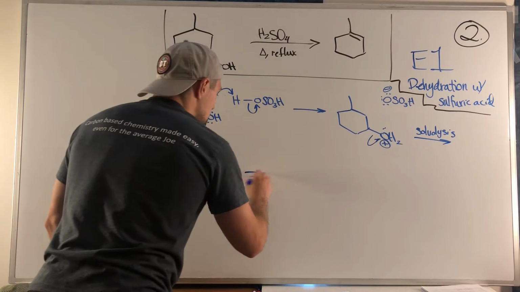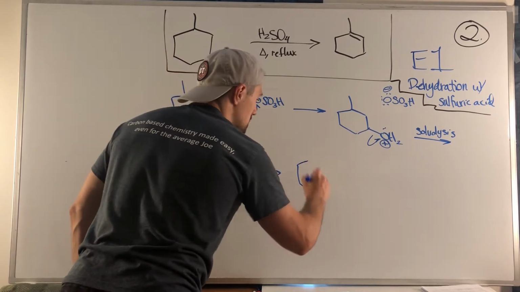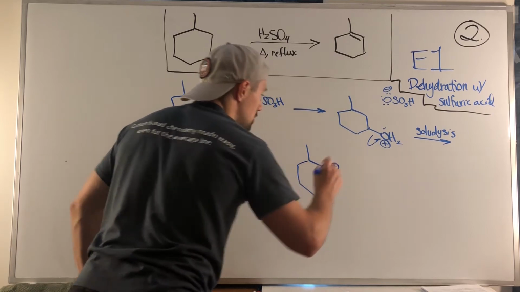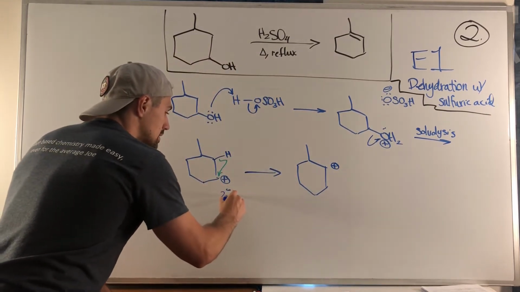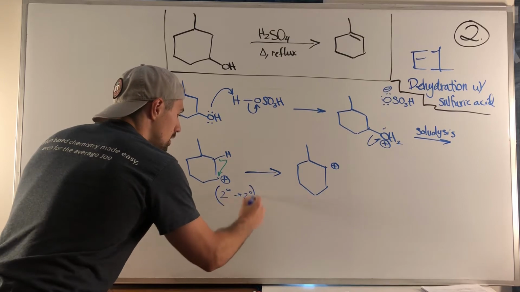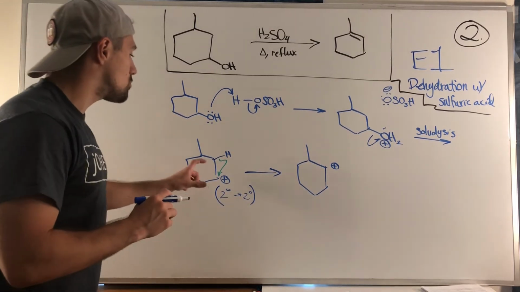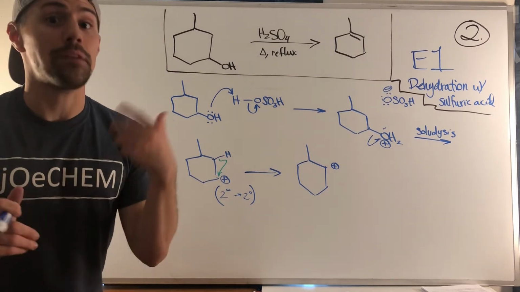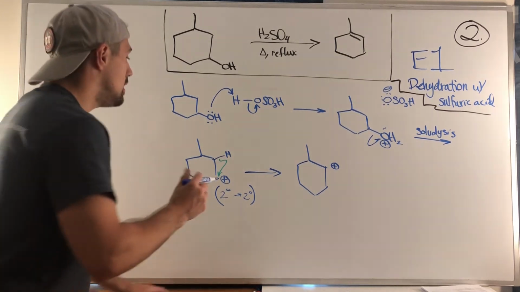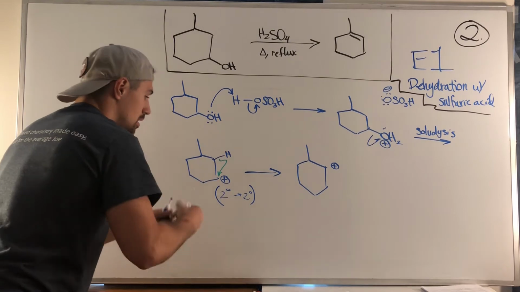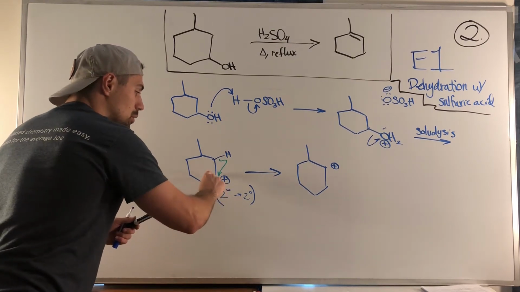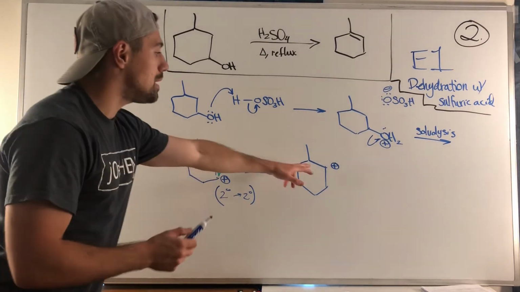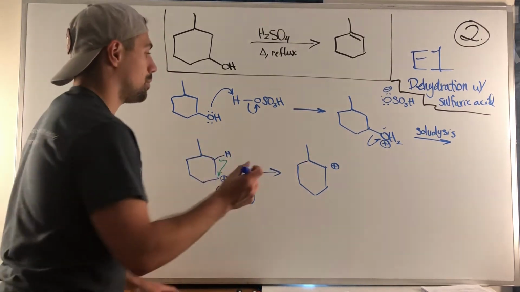And while this never really makes sense, going from the same situation, carbon substitution wise, to the same situation, I mean secondary to secondary, the reason it makes sense is because when we do that, we now have the ability to eliminate and form a better, more stable double bond. Instead of having the option of a di-substituted double bond, now we'll be able to form a tri-substituted double bond.